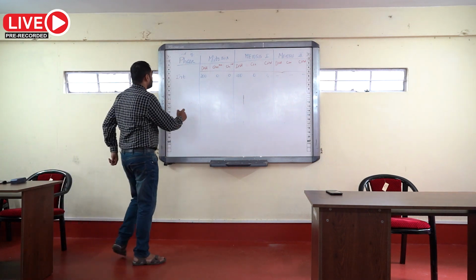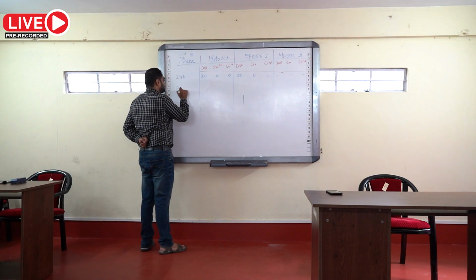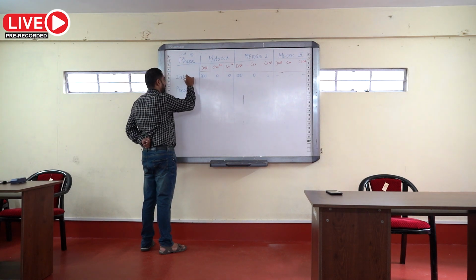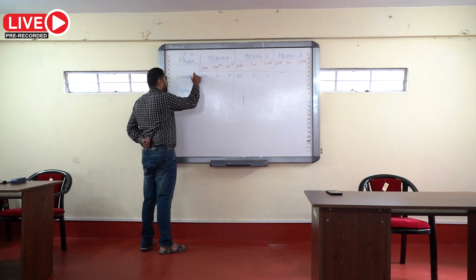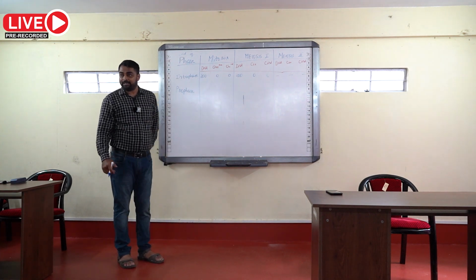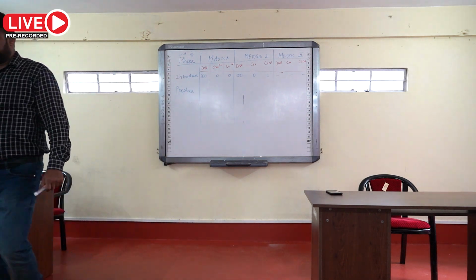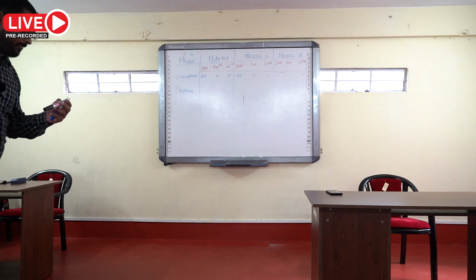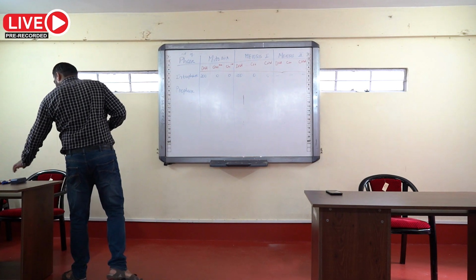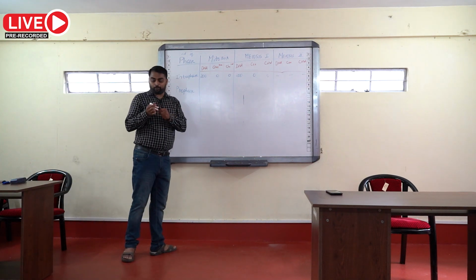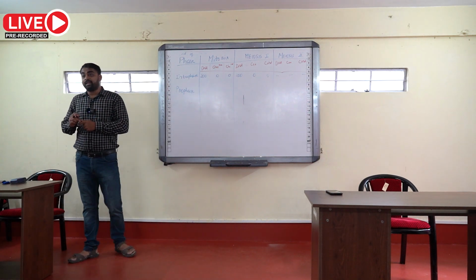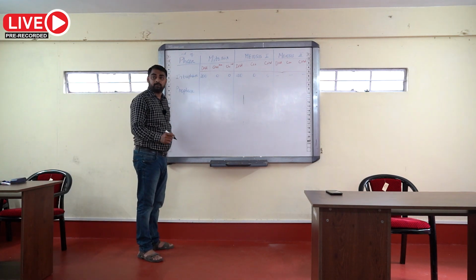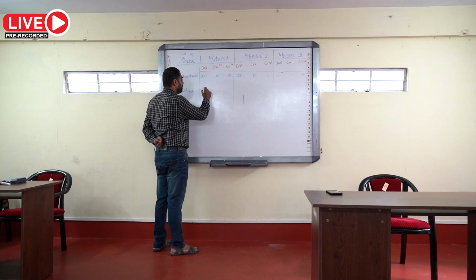Now, at the end of prophase, what is the amount of DNA in mitosis? Same, 200.